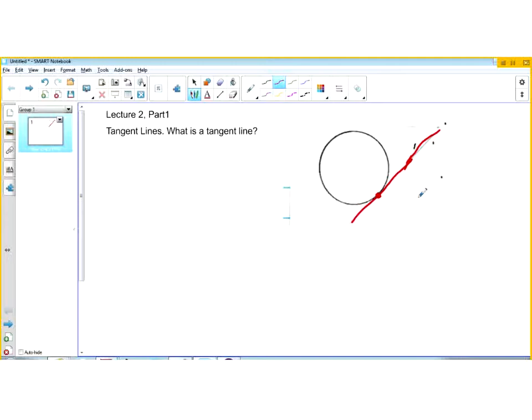Well, suppose we have an object that's not a circle. We can still devise what tangent lines are to other kinds of geometric shapes. So for instance, let me pull up another object.